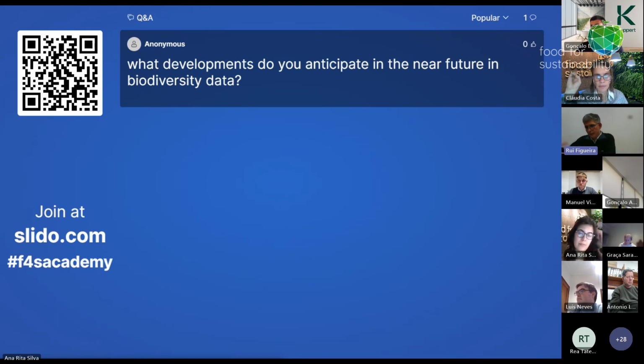So we need to rely on databases that document the traits. And only by combining that, we will then go to the next step, which is, can we use this to assess the services that these species are providing in the ecosystem? So these developments are really occurring based on the standardization of data, and that's a key step in all of this, which is agreeing on common standards for each of the fields.